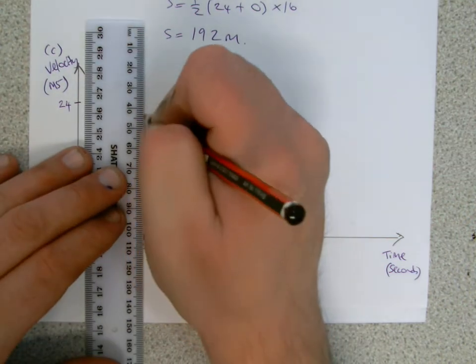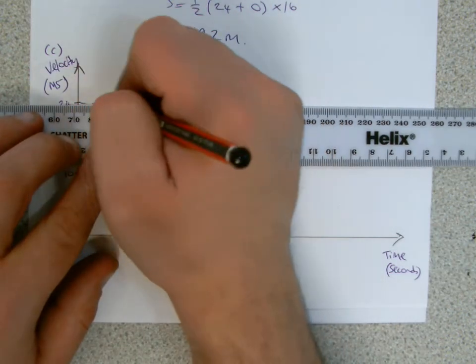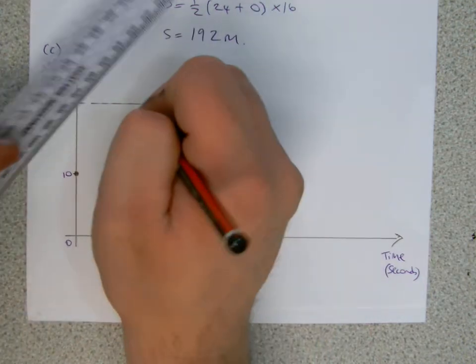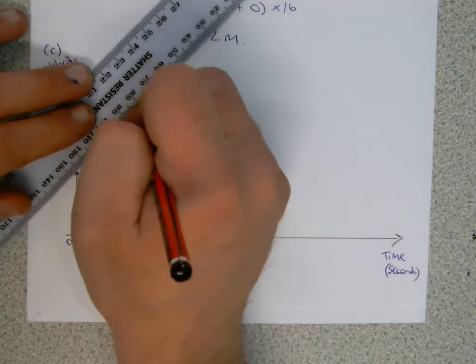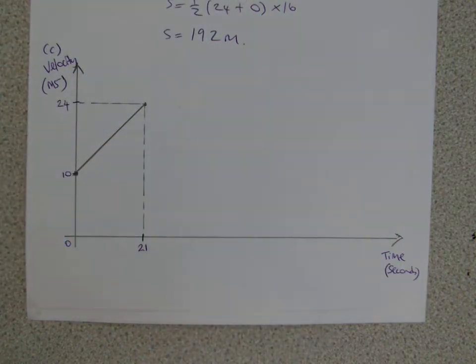If we draw a broken line up, and a broken line going across at 24, and they meet there, we'll join that up to show the velocity at 21 seconds. So there's the velocity, 24.